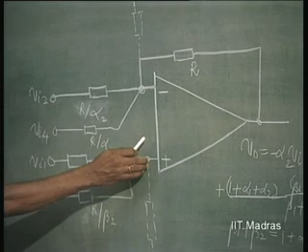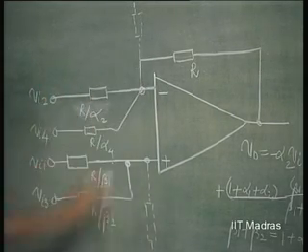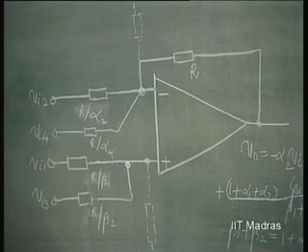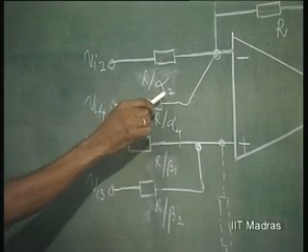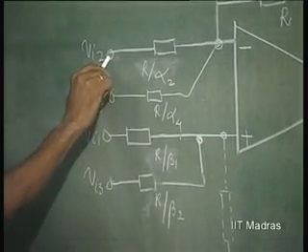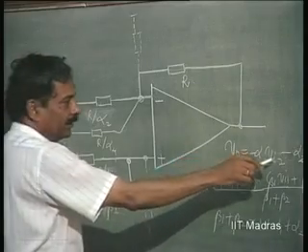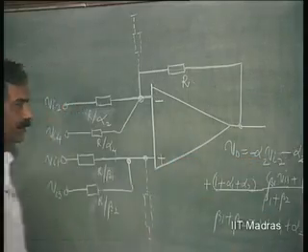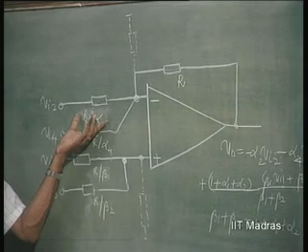So, this will be ground potential and this will be virtual ground, and therefore, all these currents are going to get added. So, Vi2 into alpha 2 divided by R, multiplied by R. Basically you get minus Vi2 here, which is this resistance divided by this resistance, the gain with the inversion sign.